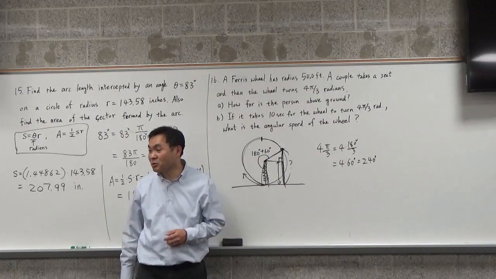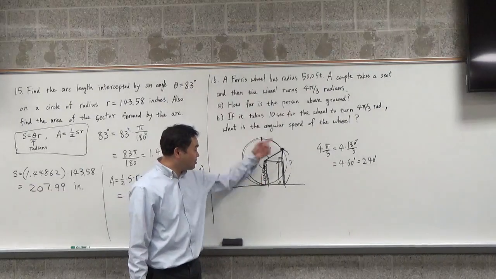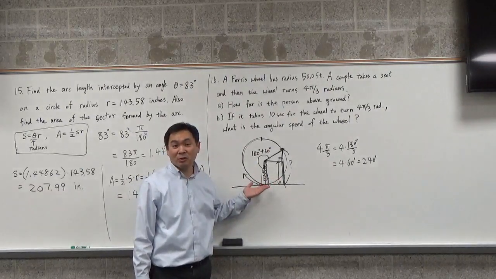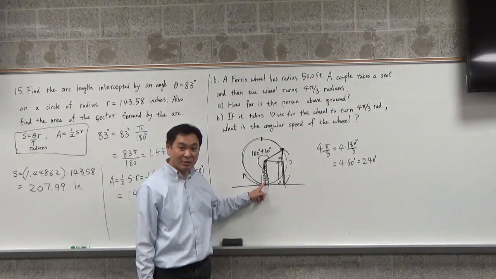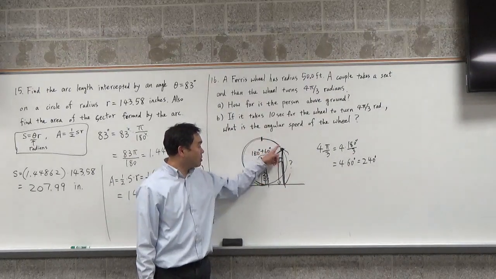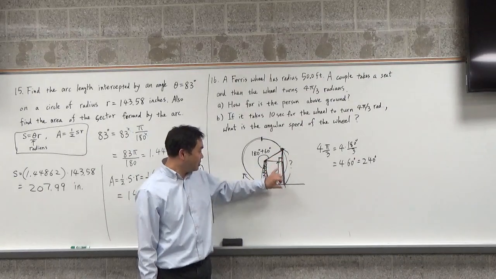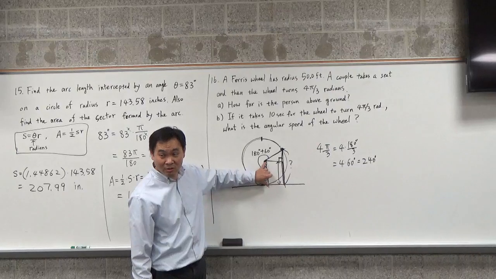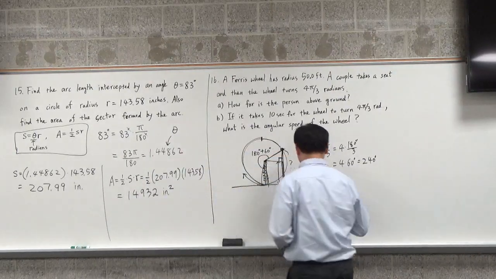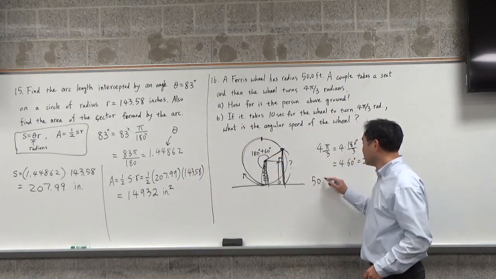Why? How do you know that? Because that is the radius of the Ferris wheel, right? The couple must have started here, and went 240 degrees. If they're here, this much would be the 50 feet, which is the radius of the Ferris wheel. So it's 50 plus.